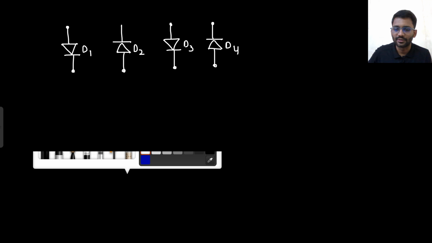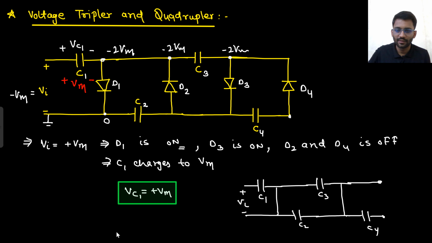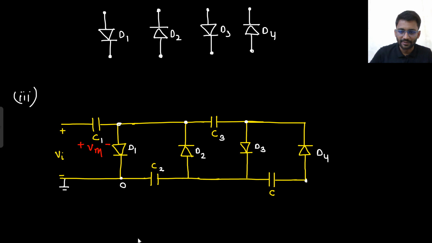Why these are changing? Because circuit is different now. Let's copy this circuit again. I will copy it. Yeah, so what did you see here? This capacitor C2 was charged to plus 2 Vm.